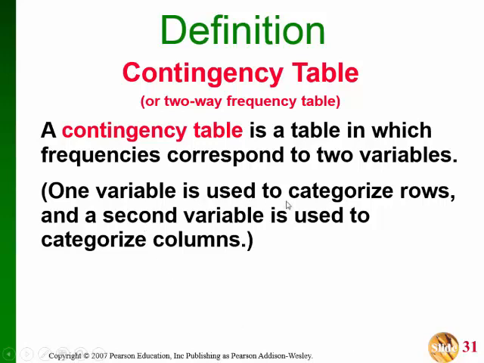So one variable is used to categorize rows, the second variable is used to categorize columns. So we're going to kind of go mathy on this and talk about rows and columns, and then each of these cells, we'll call them cells, will be represented in a bigger picture called a matrix.